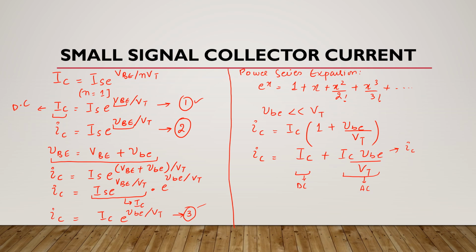So this is the small signal collector current, which is equal to IC VBE divided by VT. This is the equation of small signal collector current.